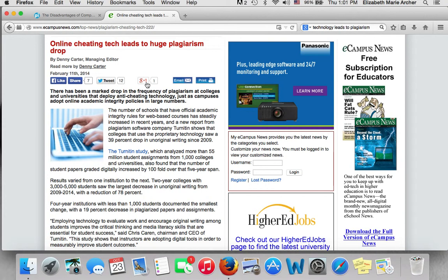There has been a marked drop in the frequency of plagiarism at colleges and universities that deploy anti-cheating technology, just as campuses adopt online academic integrity policies in large numbers. Colleges using the proprietary technology saw a 39% drop in unoriginal writing since 2009. The Turnitin study, which analyzed more than 55 million student assignments from 1,000 colleges and universities, also found that the number of student papers graded digitally increased by 100-fold over that 5-year span.